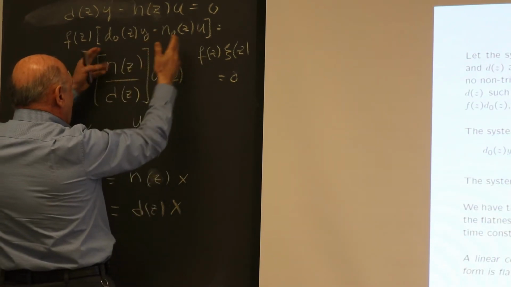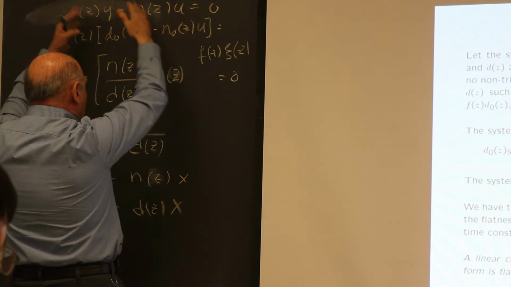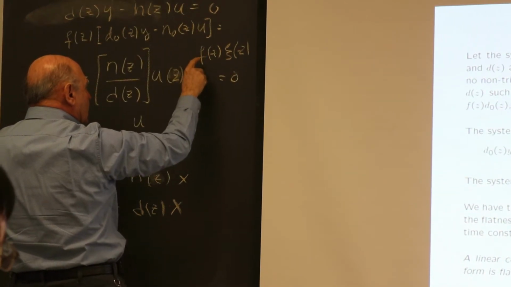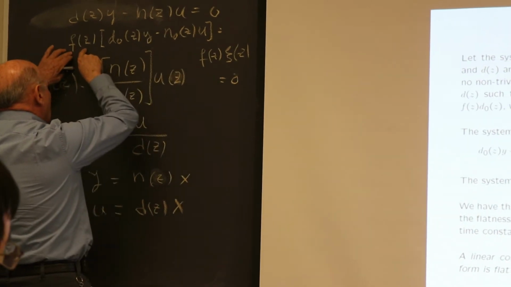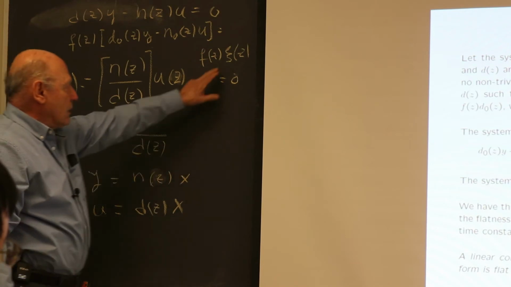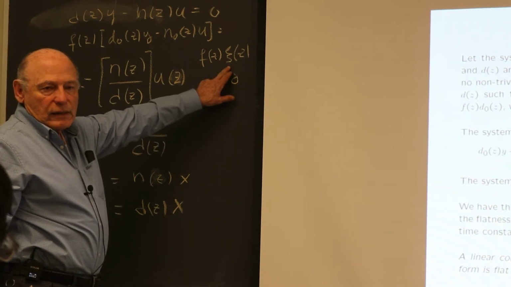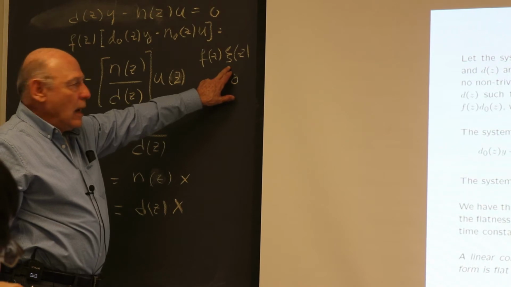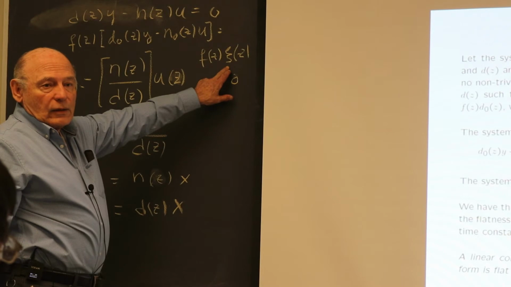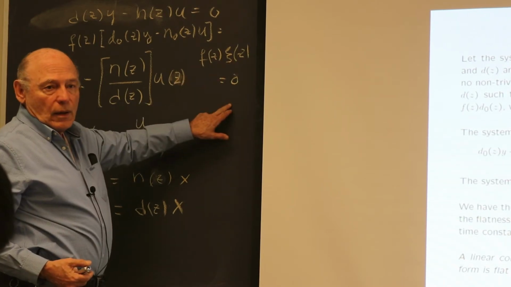It has something inside which is not here, and that thing which is inside the system, which is not visible from the representation, is a certain variable that satisfies that when you apply this polynomial to that variable, you get 0. That means that c evolves only on the basis of the initial conditions, and therefore c cannot be controlled. So there is some hidden part of the dynamics which is uncontrollable.